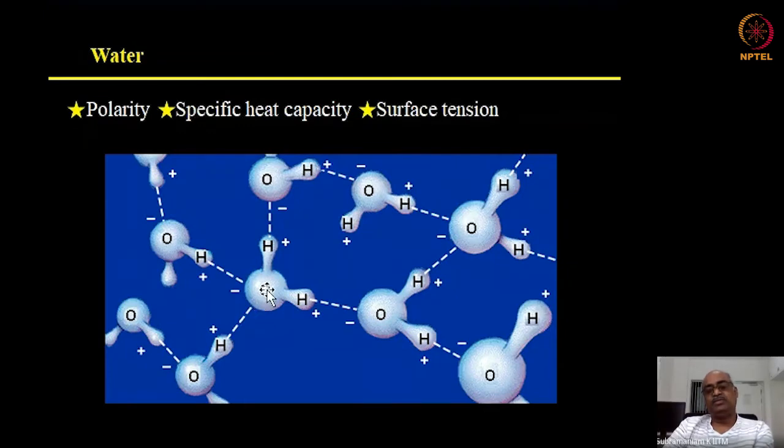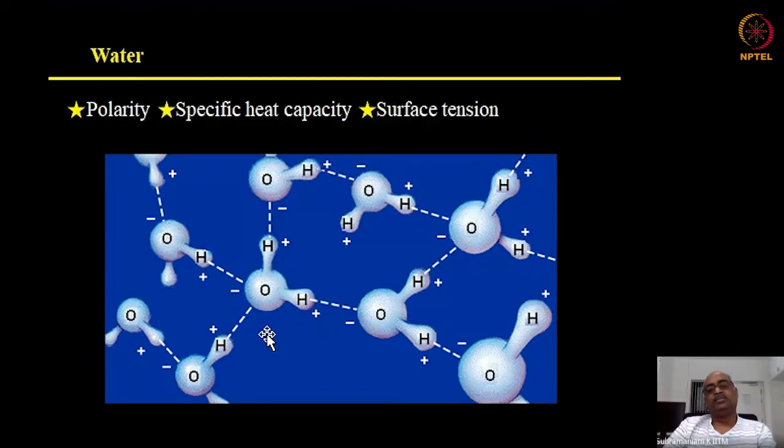Due to this, this atom acquires a partial negative charge, while the other one, because its proton spends more time away, is partially positively charged. So oxygen has two such bonds in water with the hydrogen atoms, and due to that this has delta 2 negative partial charge, and this is delta 1 positive charge.